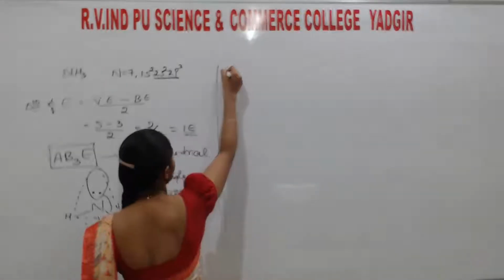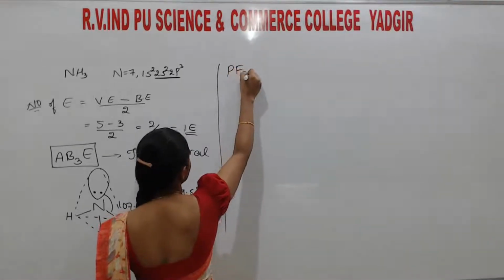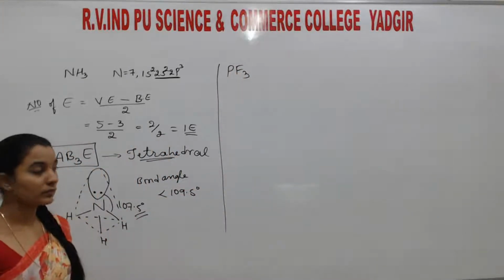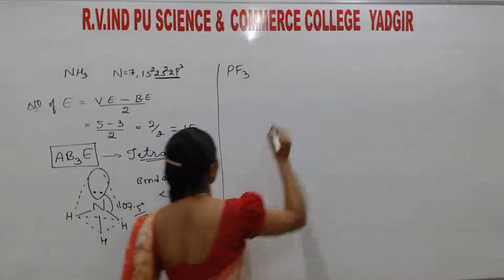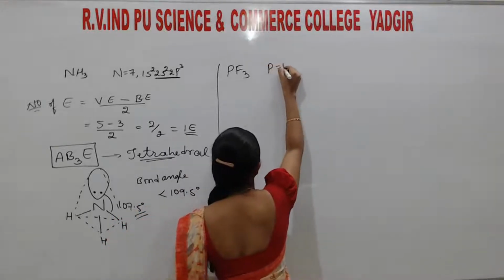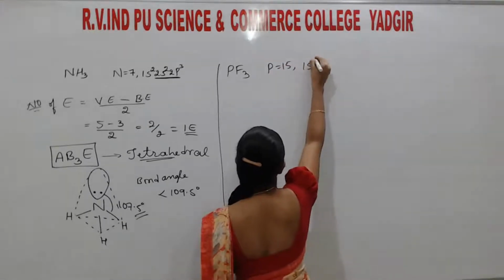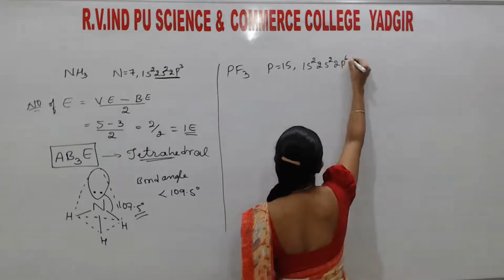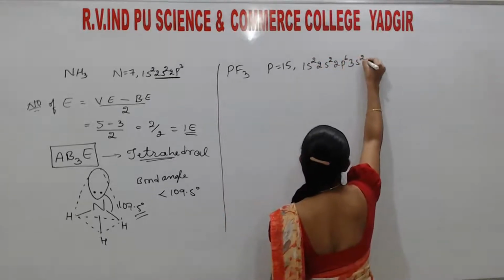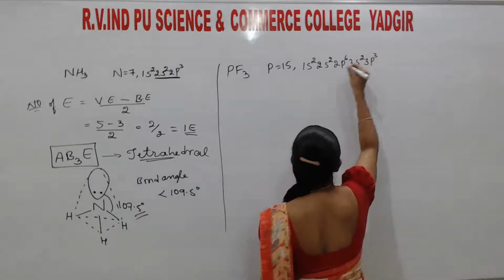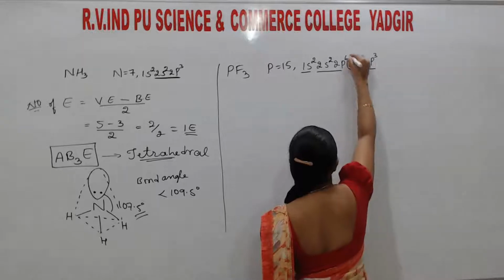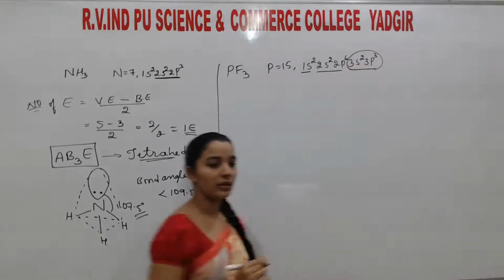Similarly, take PF3. The atomic number of phosphorus is 15. The configuration is 1s2, 2s2, 2p6, 3s2, 3p3. So the third shell is the valence shell.